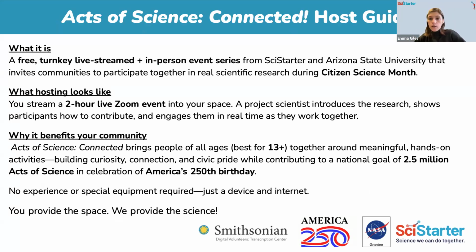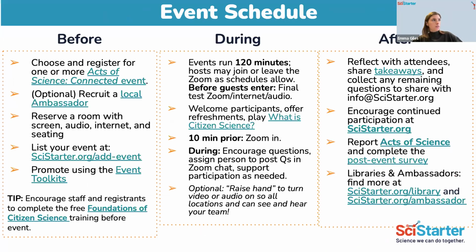There is a host guide. So if you're looking for a way to visualize what this might look like, this is our guide for that. So the definition of what it is, what hosting looks like, why it benefits your community, and then this is just the generalized information followed by the event schedule and our assumptions. So the beginning of it would be you have chosen and registered for these events. You're set up there.